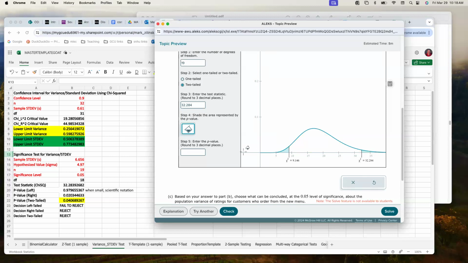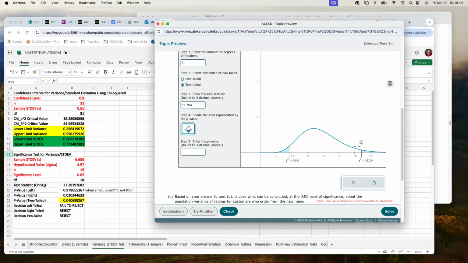Now, where that's coming from, and it's automatically doing this for you here, is that the mean of the chi-squared distribution is going to be the degrees of freedom. And so the idea is, if we find the area to the left of this chi-squared statistic, we also have to match up the area to the right. So this area is going to be the same as this.